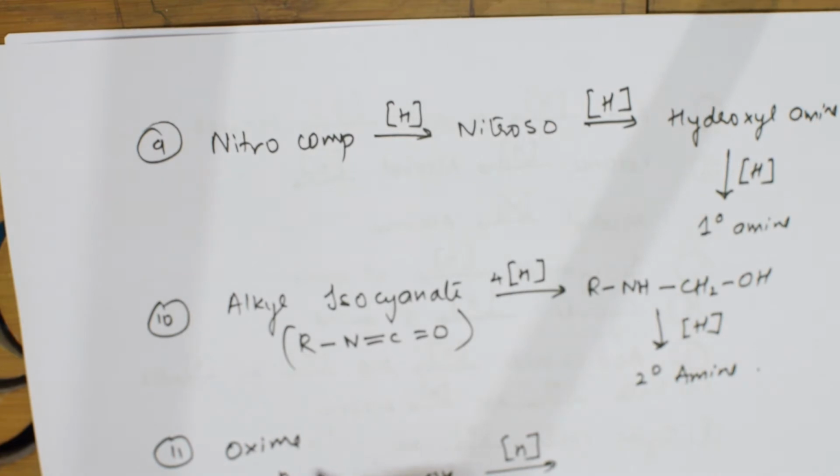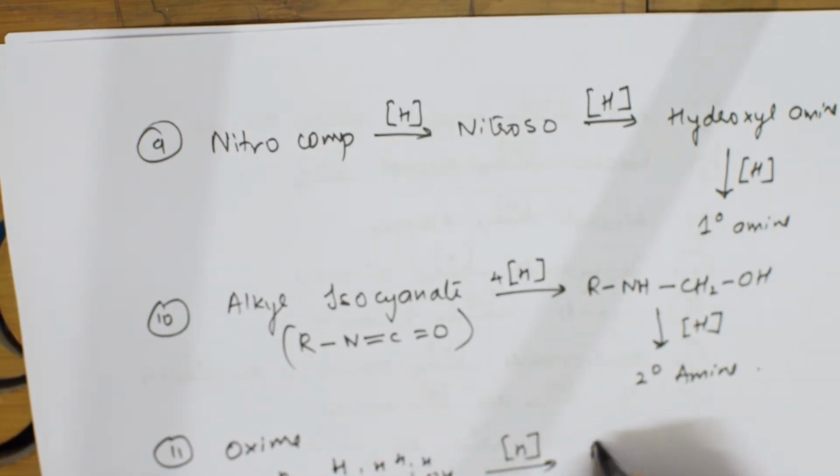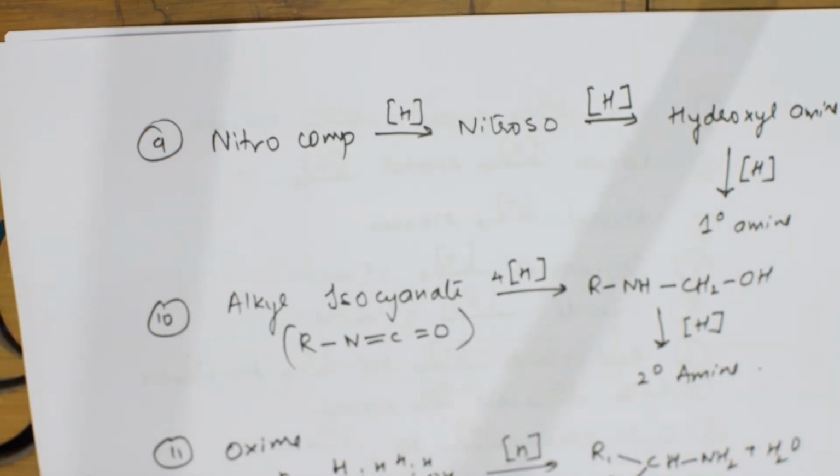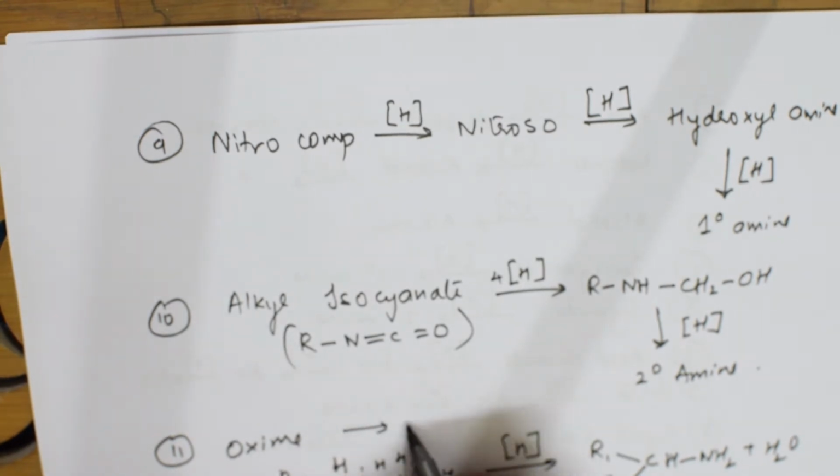One hydrogen adds here, one more hydrogen adds at this point, one more hydrogen adds here, and one more hydrogen adds here. What do I get? I'll be getting R1 R2 CH NH2 plus water. Water cleaves out. Right, students? Easy. So what is it converted to? Oxime is getting converted to a primary amine.